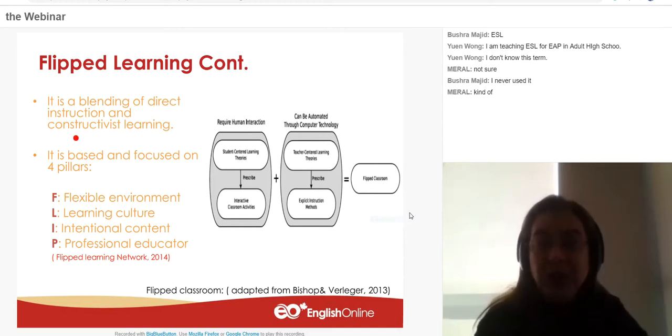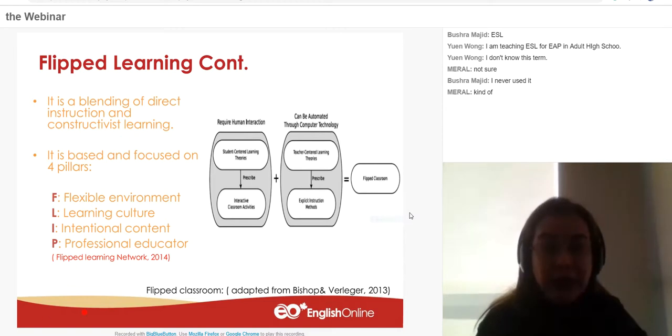Constructivist learning entails self-directed learning, relying a little bit on the student's prior knowledge, and having an inquisitive mind, okay?